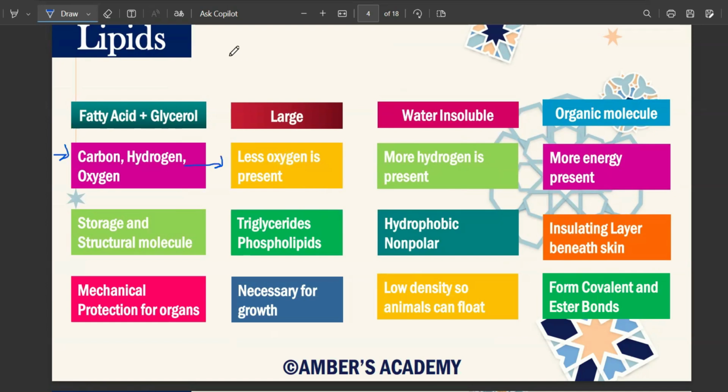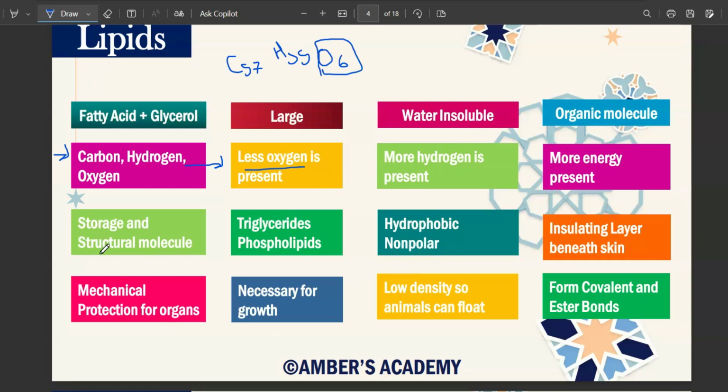For example, if carbon in a lipid is 57, hydrogen, let's say it's 55. I'm not sure about the exact numbers, but I'm just trying to explain one difference. And oxygen should be only 6. Okay? So among carbon, hydrogen, and oxygen, the least ratio you'll find is of oxygen in a lipid. This is why we say that less oxygen is present in a lipid.